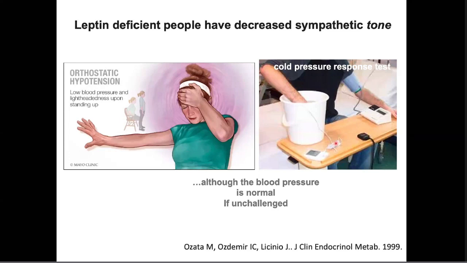There's also another deficient response that these patients have, called the cold pressure response test. When people put a hand in a bucket full of ice, one sees a deflection, a transient change in blood pressure, which is measured here in the arm cuff on the contralateral arm. But leptin deficient patients have abnormal responses, although they have normal blood pressures.